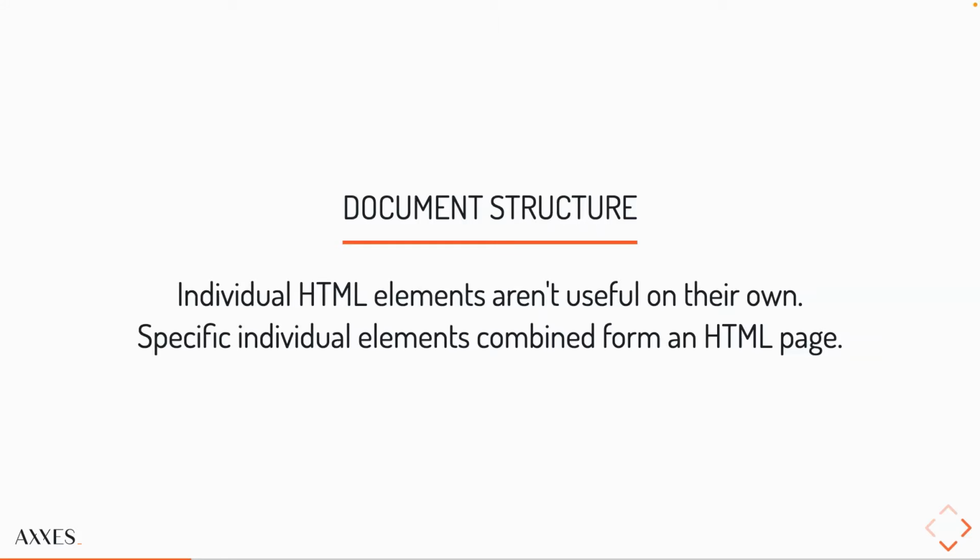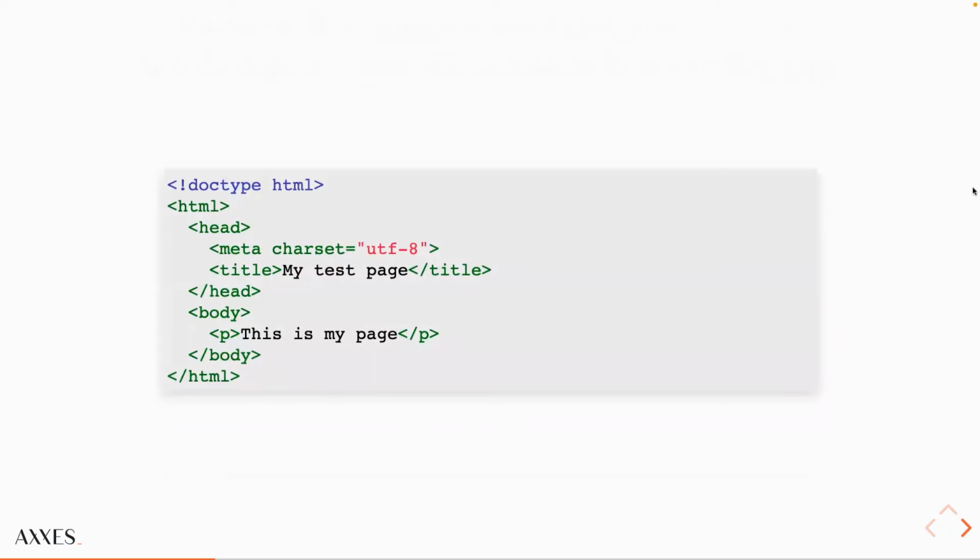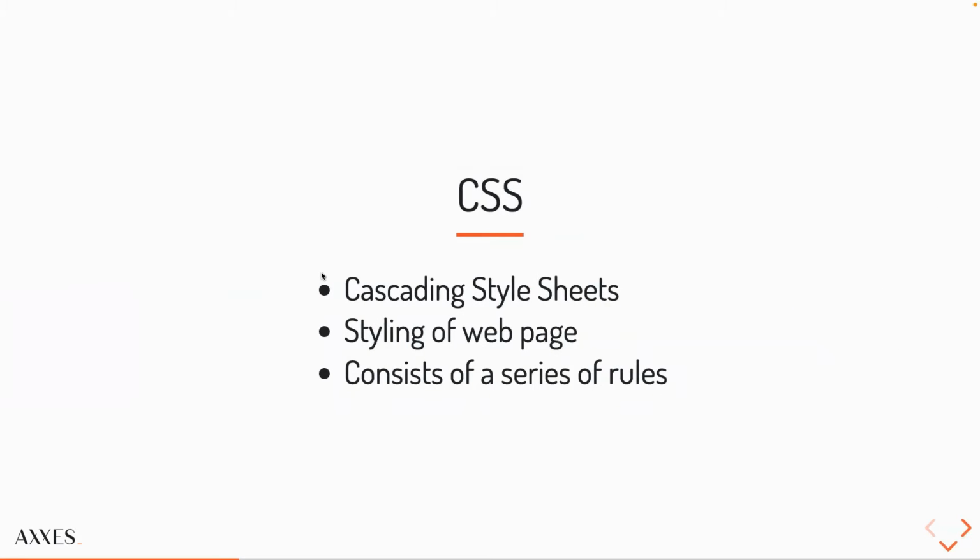You want to combine them for creating a whole page. This is the basic setup, as I mentioned: the doctype, HTML, head, the body, then the charset, which is necessary, and then we'll go to CSS.